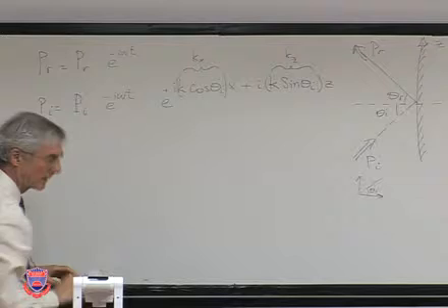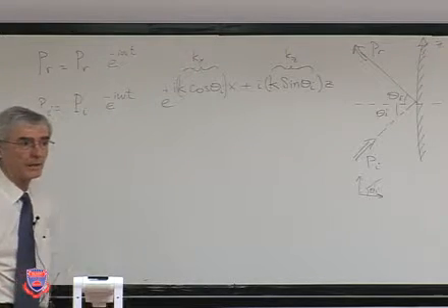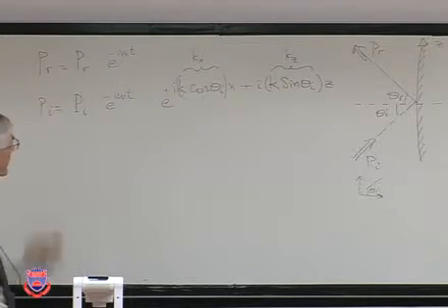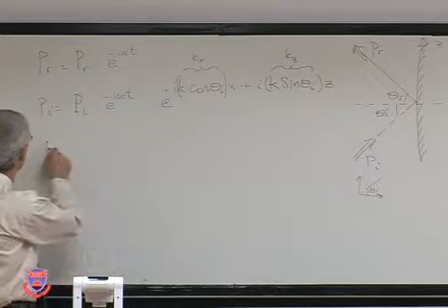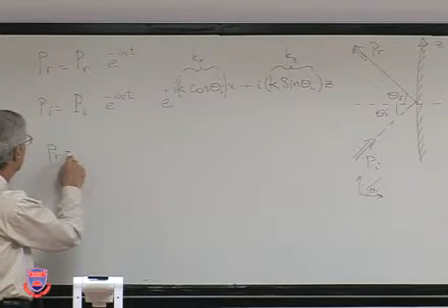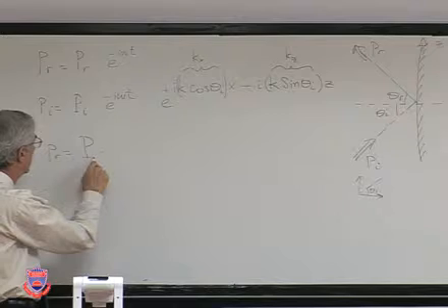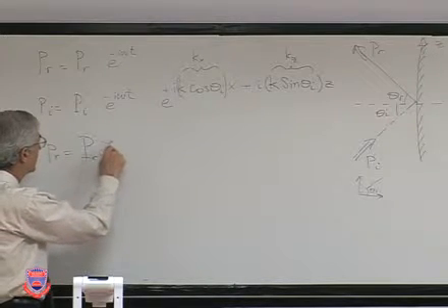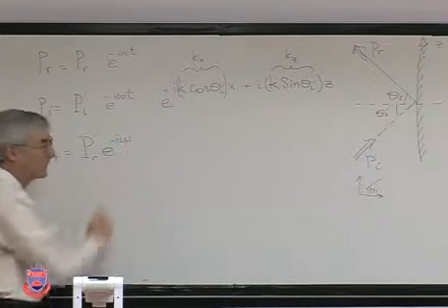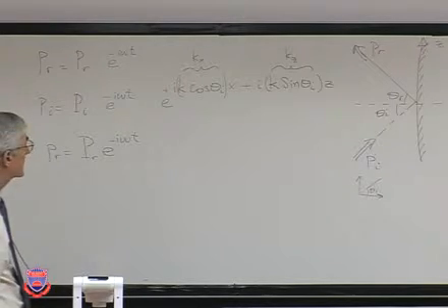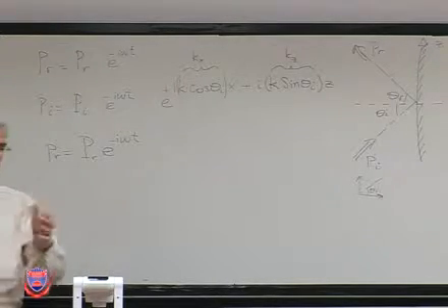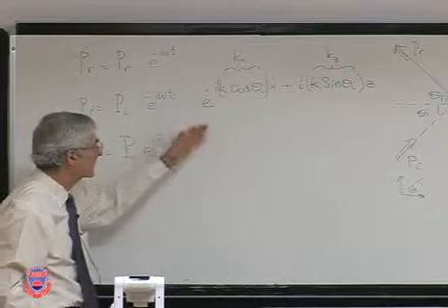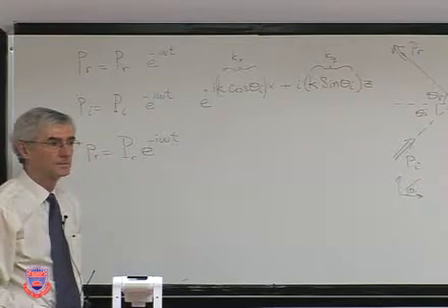Let's go and look at the reflected wave now. The reflected wave, let me write it down here, also has the harmonic time dependence. Can you now tell me what the spatial dependences are?